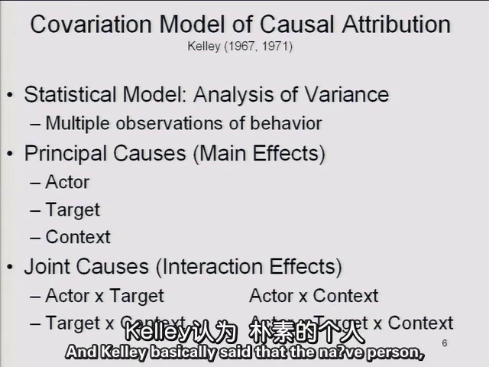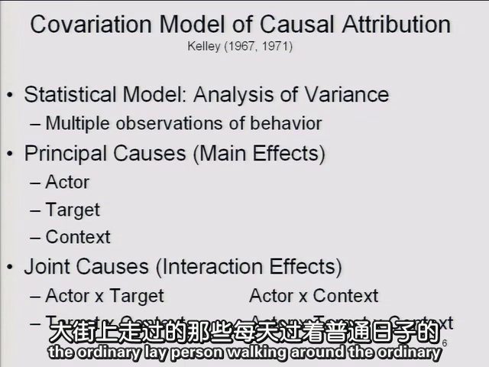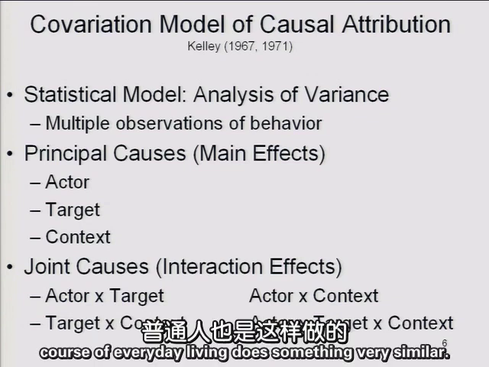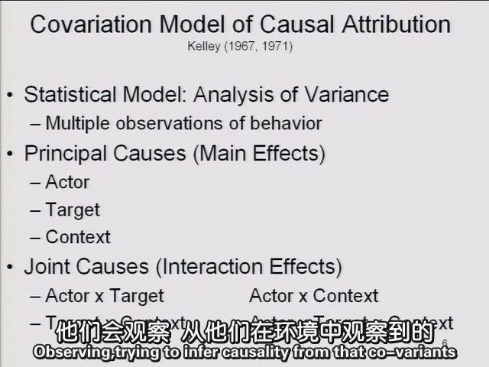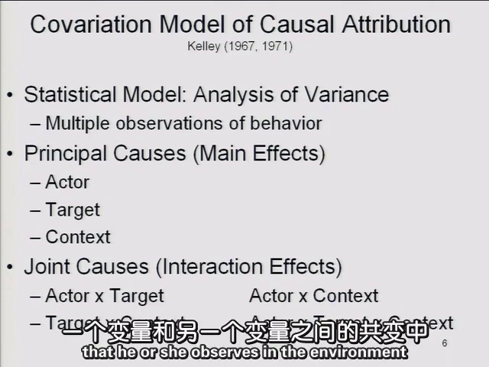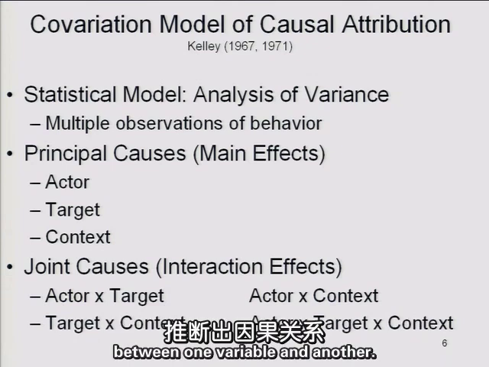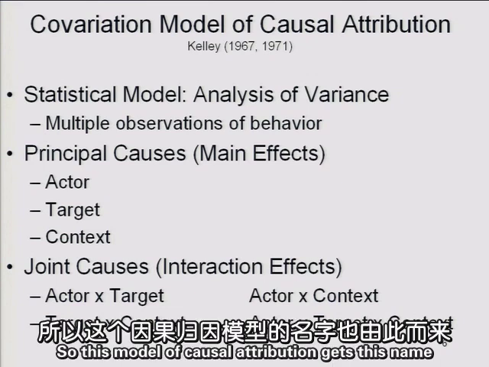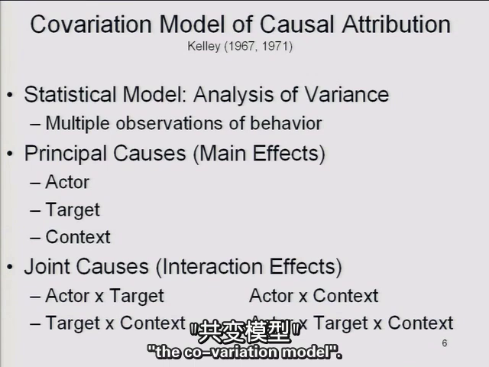And Kelly basically said that the naive person, the ordinary lay person walking around in the ordinary course of everyday living, does something very similar, trying to infer causality from the covariances that he or she observes in the environment between one variable and another. So this model of causal attribution gets this name, the covariation model.